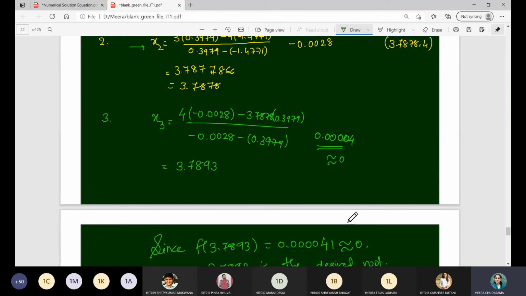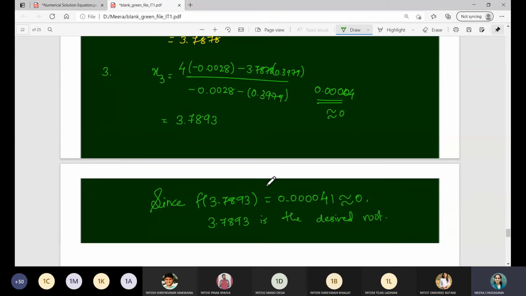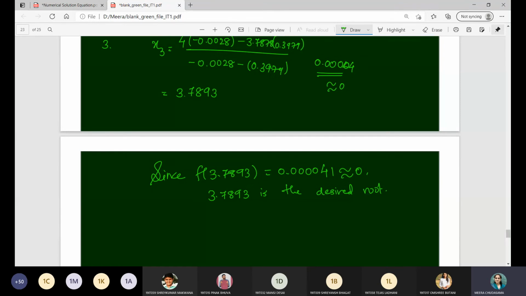So how fast this method is convergent compared to the bisection method, that you can see from this example itself, right? So from this one all of you have a clear cut idea of how to apply the regula falsi method to the equation, whether it is algebraic or transcendental or non-linear equations, to be more specific.